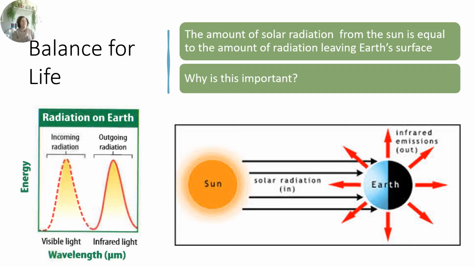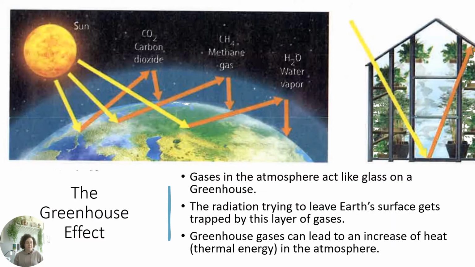If we don't have that equal, something coming in, something going out, we get a surplus. Either A, it's way too cold, and this is where we bring on ice ages, or B, it's way too hot, bringing on the greenhouse effect.